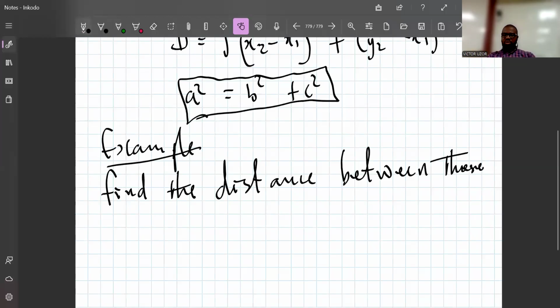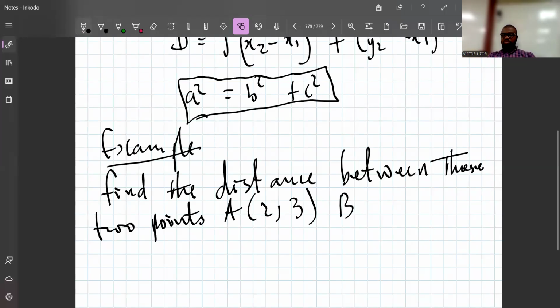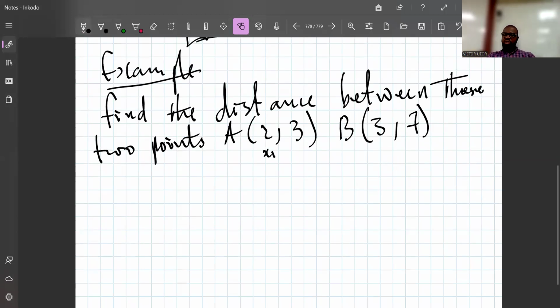A is going to be 2, comma 3, and B, sorry, is 3, comma 7. You want to find the distance between them. This becomes your x1, this one becomes your y1, then x2, y2.